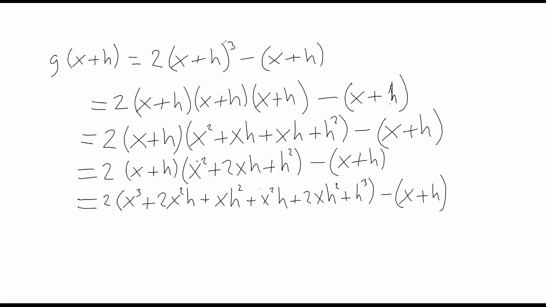Oh, okay, so what can I say? We've got 2x squared h and 2xh squared. So yeah, it looks like we got 3 of each of those.